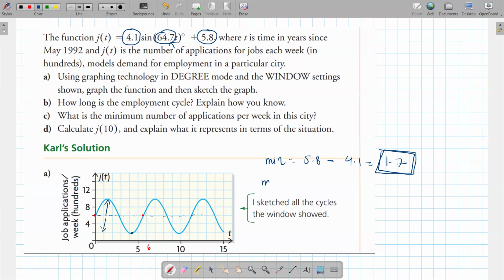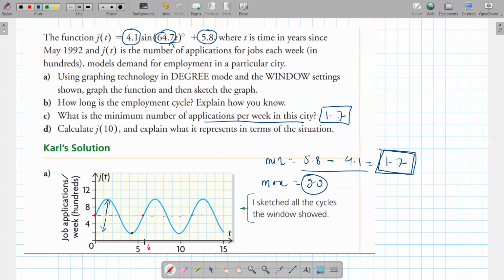What's your maximum value? Same idea. 9.9. Easy. What is the minimum number? 1.7. How do we know? Well, graphically, you can get away with 1.9 or even approximately 2.